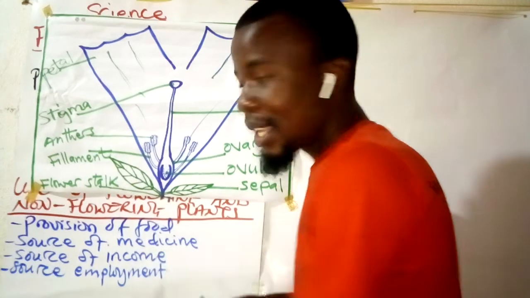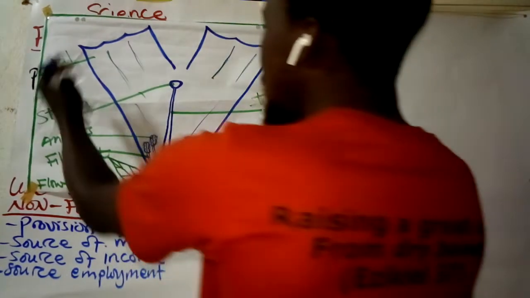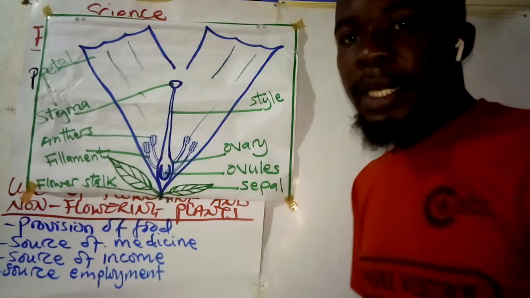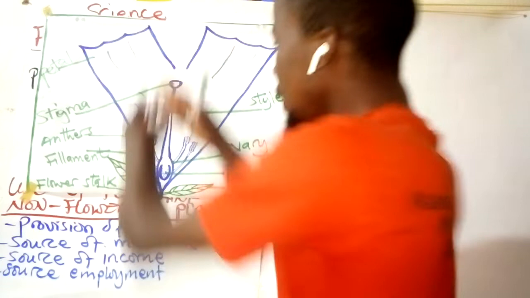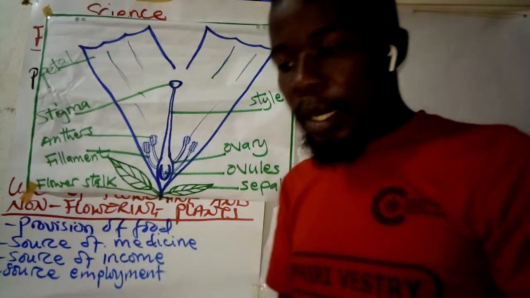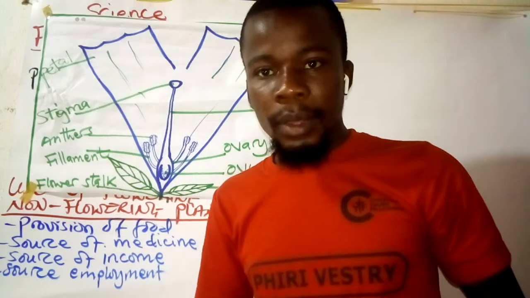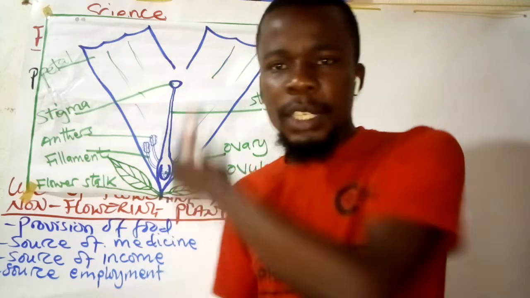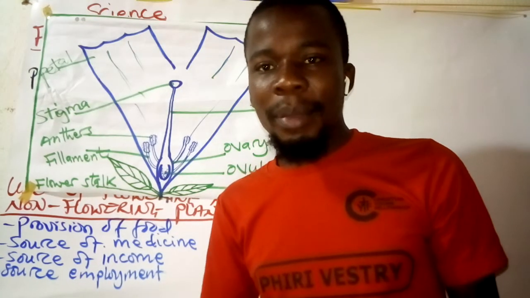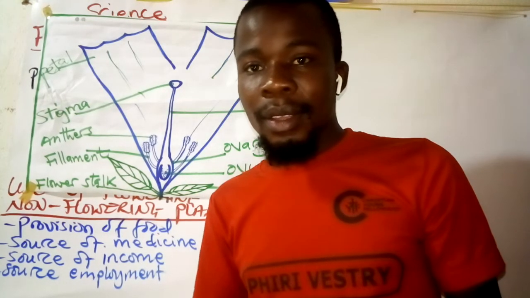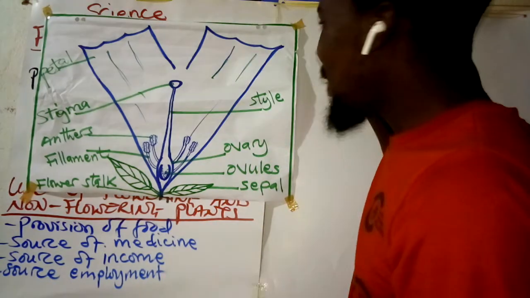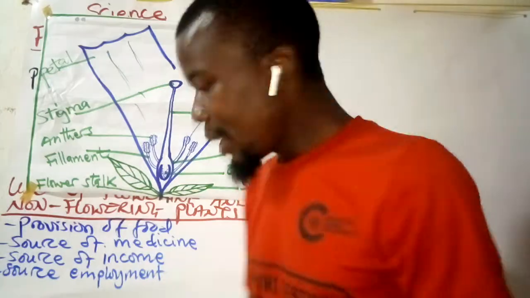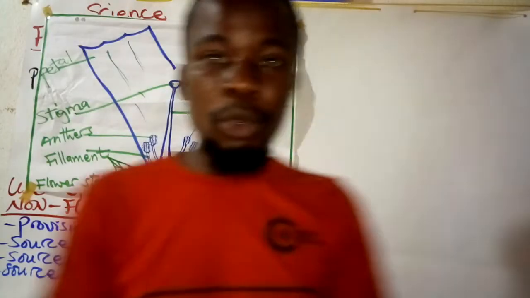All right. These are the parts of a flower. What about the functions of these parts of a flower? You remember the functions? Do I have to be writing these? I have got a limited space, unfortunately. Anyway, I will try.